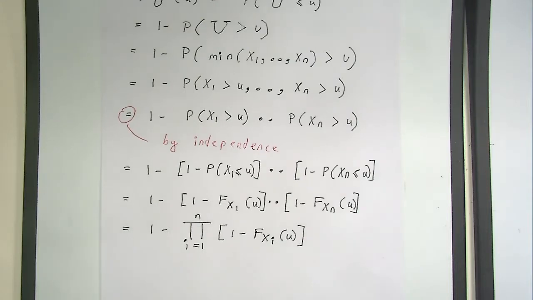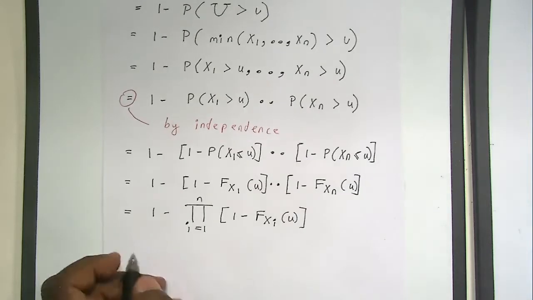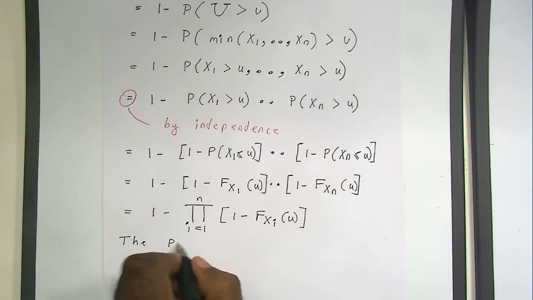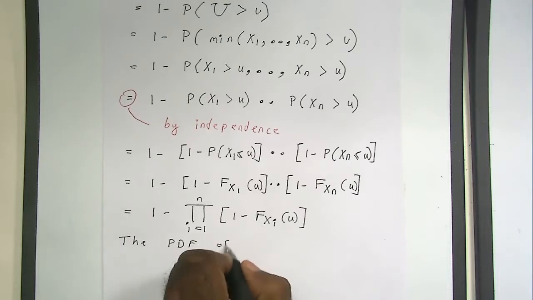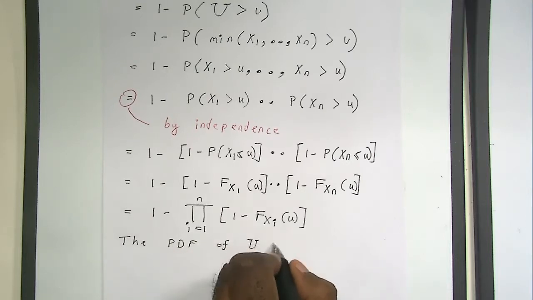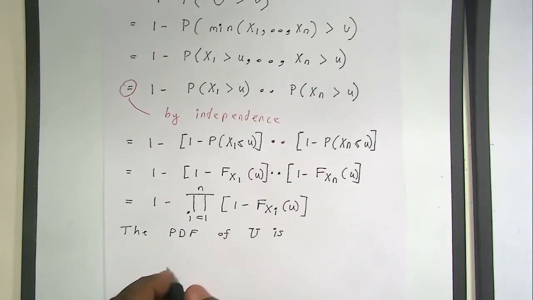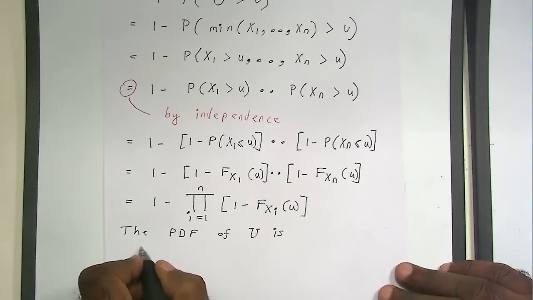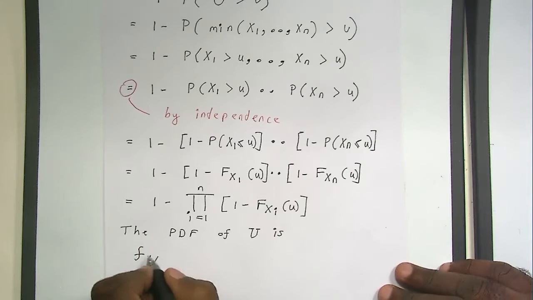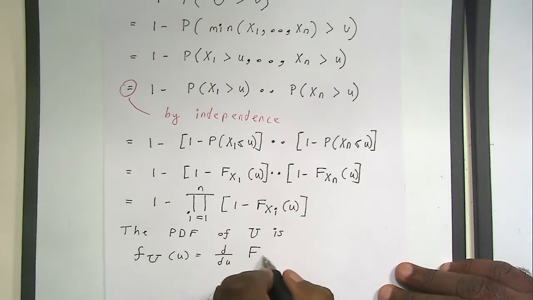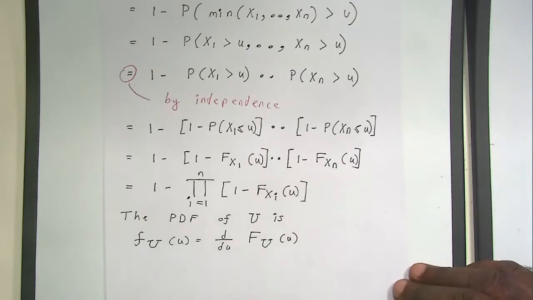The PDF of U, so you need to differentiate this. So it's gonna be the derivative of this.